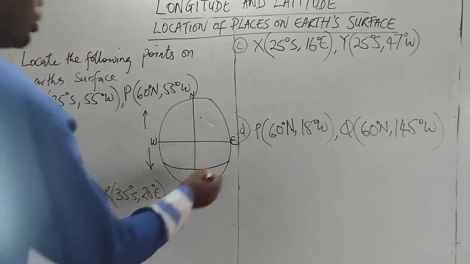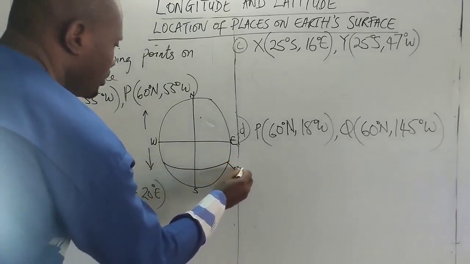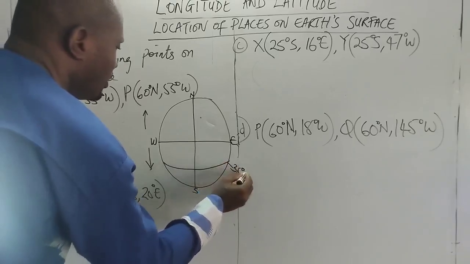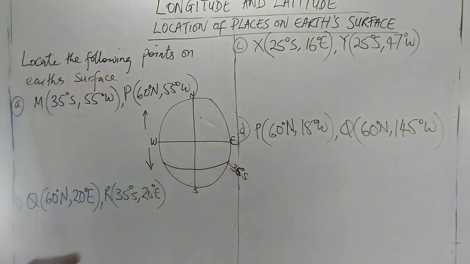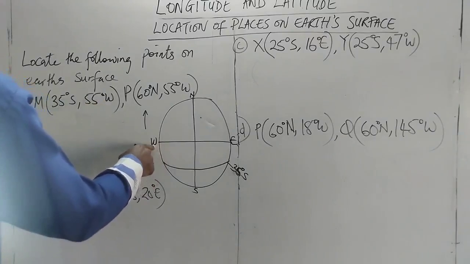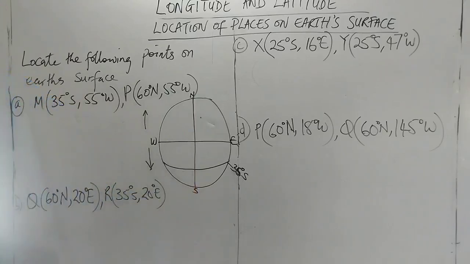And once you draw, you label 35 degrees south. Then the next one says 55 degrees west. The line that joins the north and the south is the prime meridian.